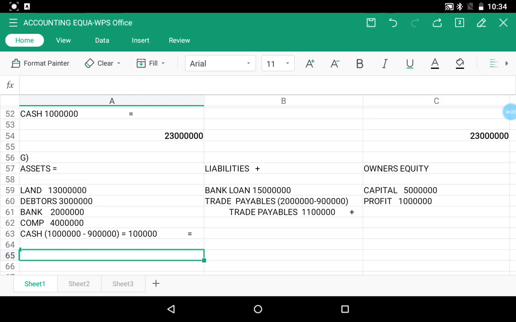Here we are going to add. We shall get 13 million plus 3 million plus 2 million plus 4 million plus 100,000. It means we shall be having 22,100,000.